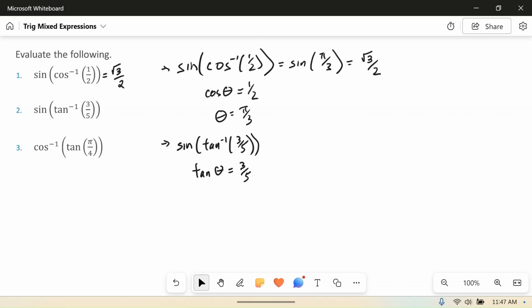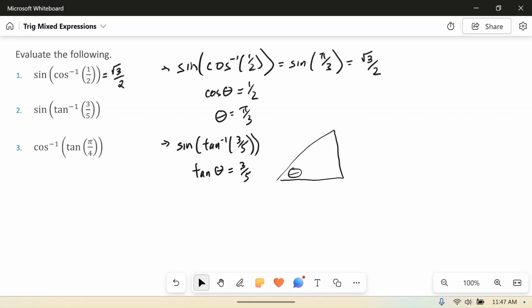But we don't need technology to do the whole problem here. Because remember, if we can figure out what this tangent of 3/5 is, then we can go back and use that to compute sine. And we can do that if we think in terms of a right triangle. So let's draw a right triangle here, and we have an acute angle theta.